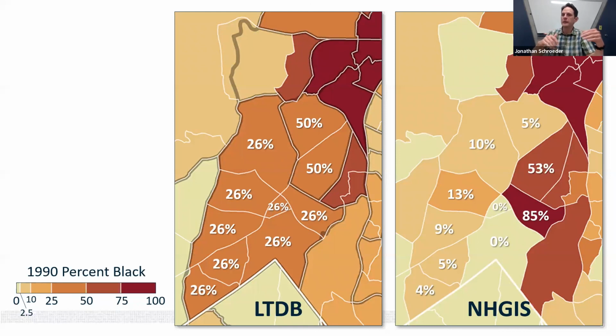In order to estimate the 2010 characteristics of 2020 block groups, I need to weight each 2010 block group's characteristics differently. So I might take 40% of this 2010 block group and add it to this 2020 block group, and I take the other 60% and put it in a different block group. And that's how the crosswalks work.